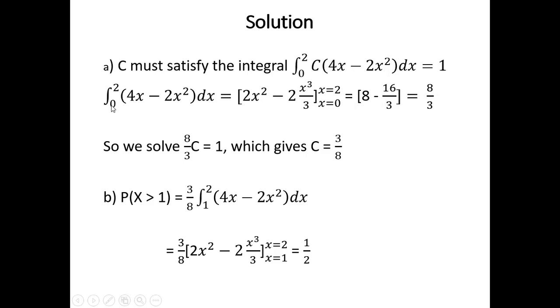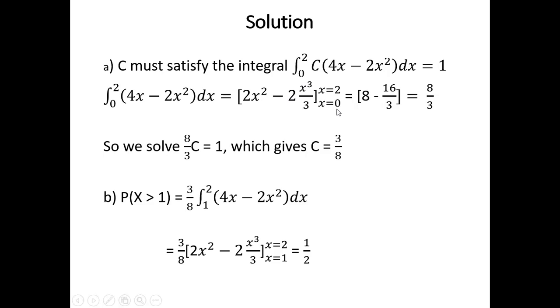We look at the integral from 0 to 2 of 4x minus 2x squared dx. So when I integrate 4x, we get x squared, and then we'll have 4 over 2, which is just 2. And this becomes x cubed over 3, but I still have that 2. So this term becomes 2x cubed over 3.